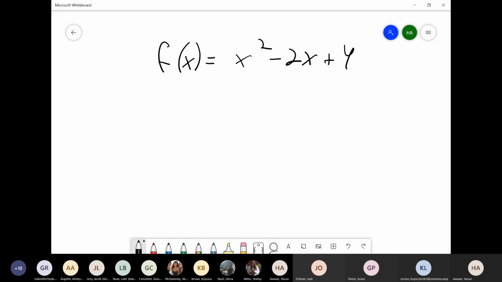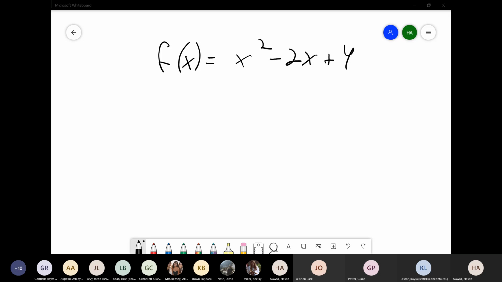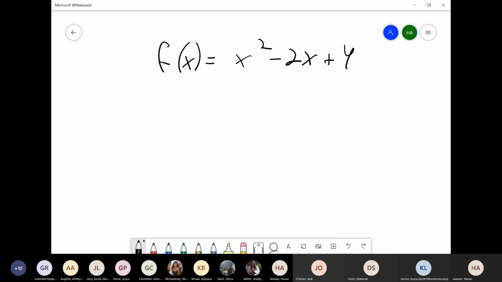Okay, Jacob? Okay. So if no Jacob, no problem. Kayla, are you here? Can you go ahead and answer this for me? Basically, again, what is the graph based off of, regarding opening upwards or downwards? I'm not too sure. Would it be downward?